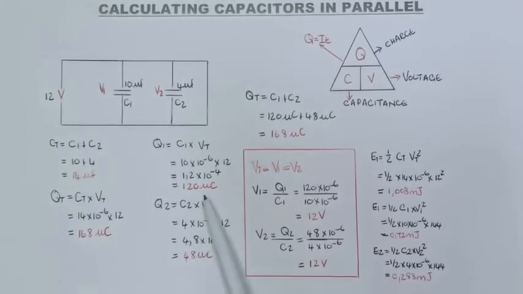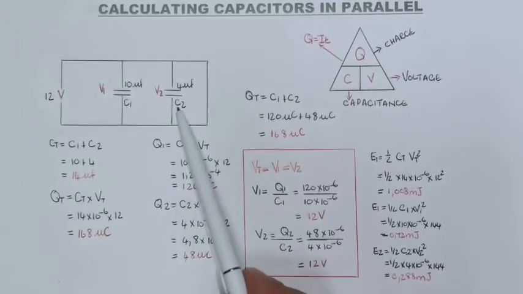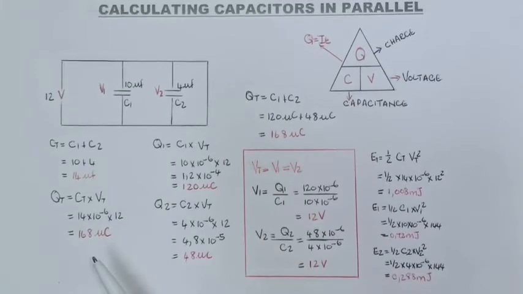If you add these two together, you get my total charge of the circuit. Here you can see that in a parallel circuit we actually have different charges, because the circuit is in parallel, so I have a charge over C1 and a charge in C2, whilst for a series circuit I only have one charge.